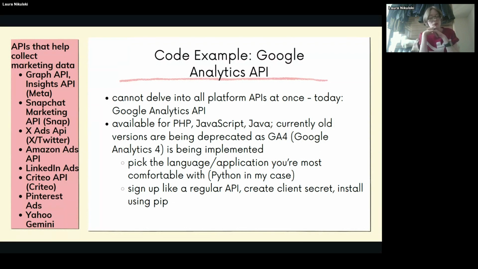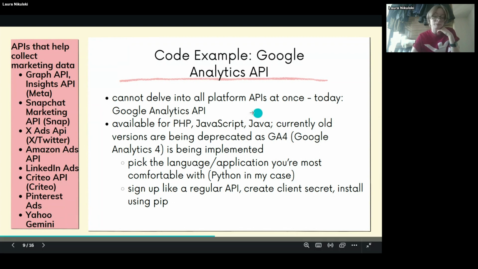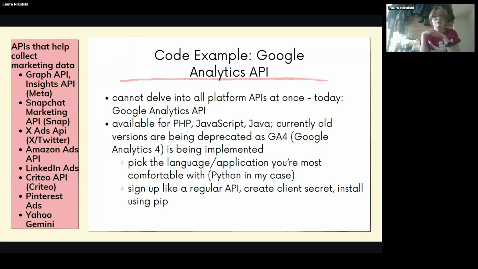And obviously, I'm not going to be able to talk about all of those at once. It's supposed to be kind of like a short, high-level meetup. And the one that I looked at for today is, I want to say, probably the biggest of them all, which is the Google Analytics API. And that helps you collect data for your marketing campaigns.